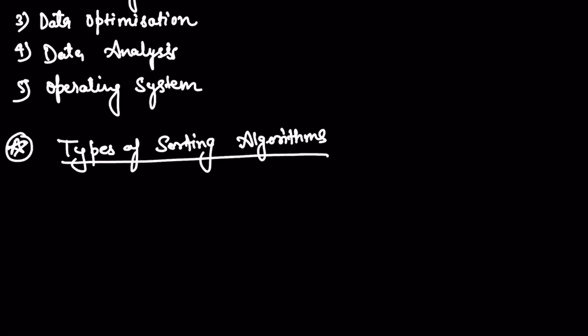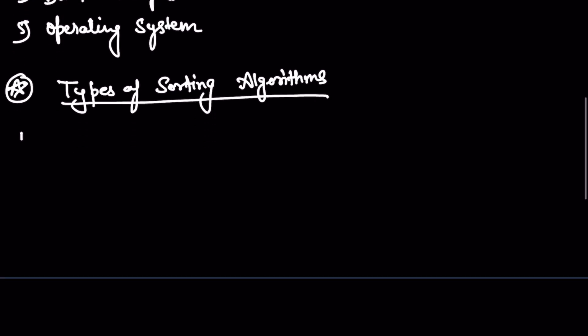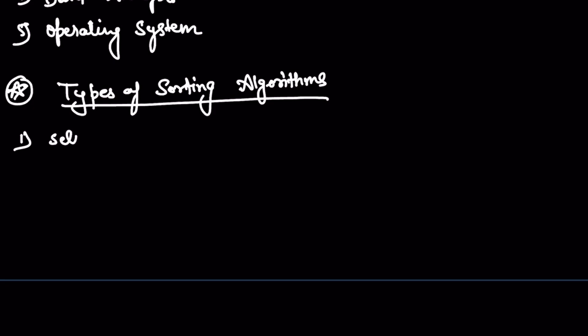So in data structure we have multiple types of sorting, like selection sort, bubble sort, heap sort, quick sort, shell sort, but we will learn only a few here. Like selection sort.